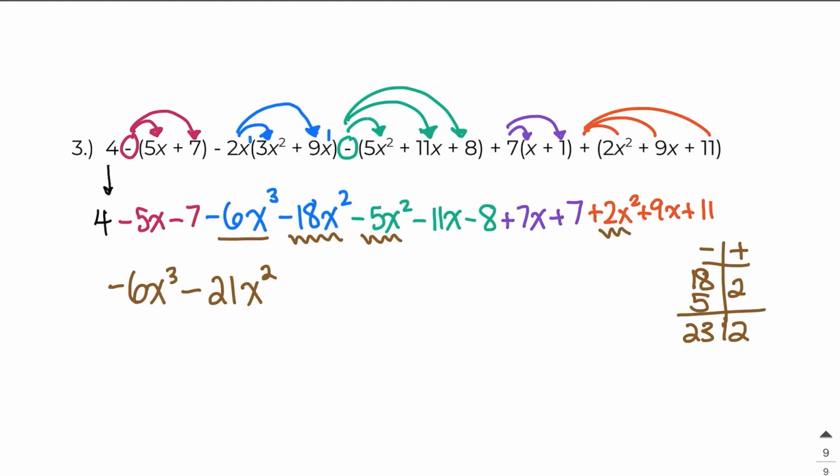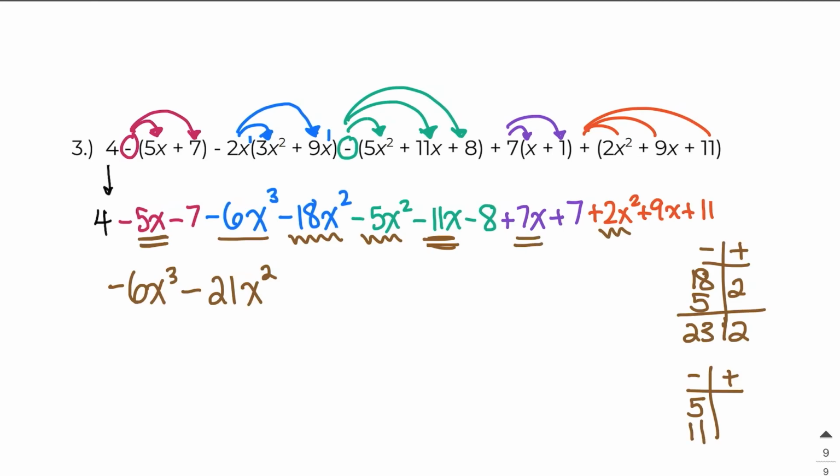Okay. Next thing that I'm going to put together are my x's. So here I see this negative 5x is like this negative 11x. And actually, let's do our scoreboard here. So I've got that team negative won these 5 points right here. Team negative won these 11 points right here.